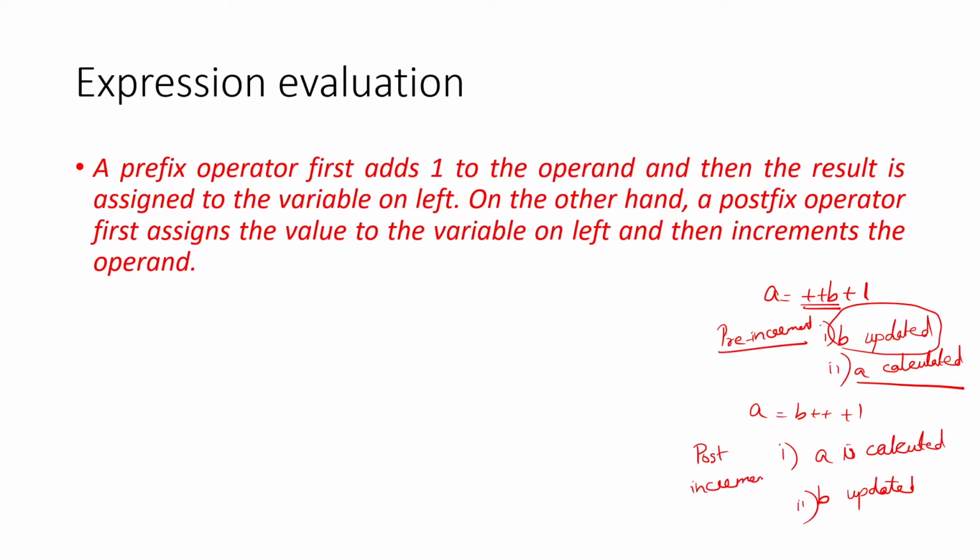So in post-increment, the variable value is first used in evaluating the expression, then only the value is incremented. In pre-increment, in the first step itself, the value is incremented and then that value is used for calculation. Okay, so that's the difference.